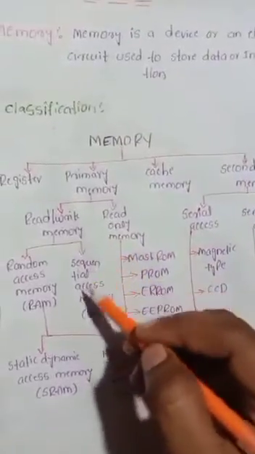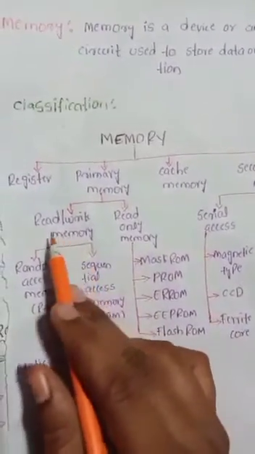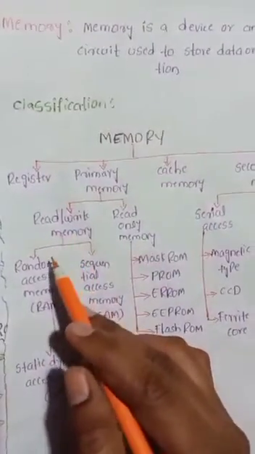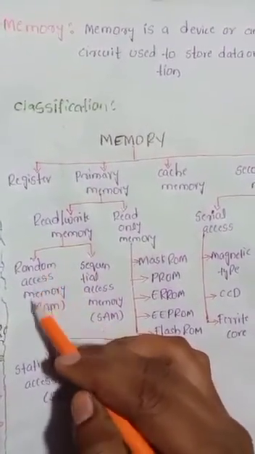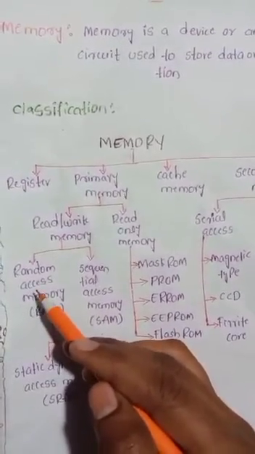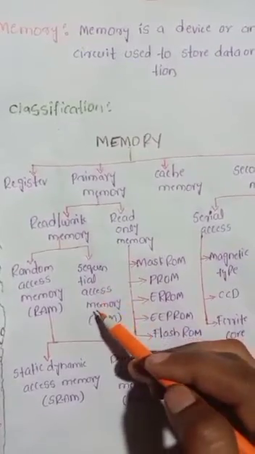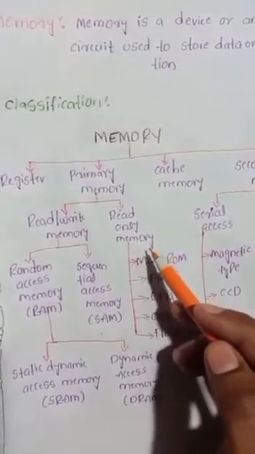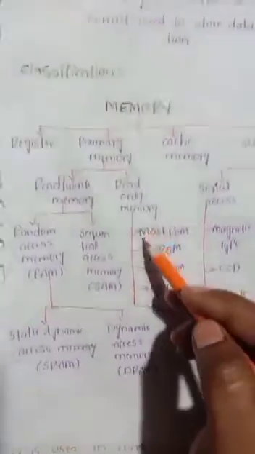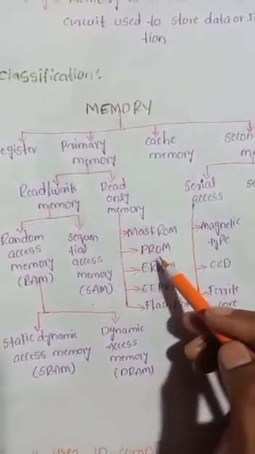Here, these are also subdivided into different ways. In read and write memory, there are two types of memories. They are RAM and SAM. RAM means random access memory. SAM means sequential access memory. Read-only memory has mask ROM, PROM.